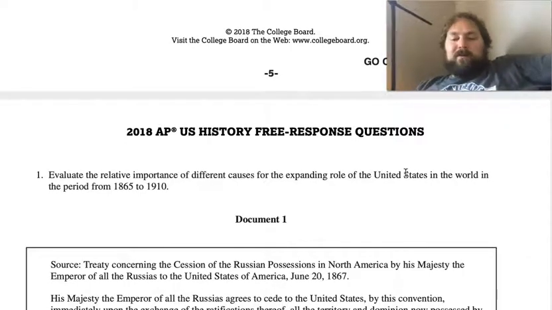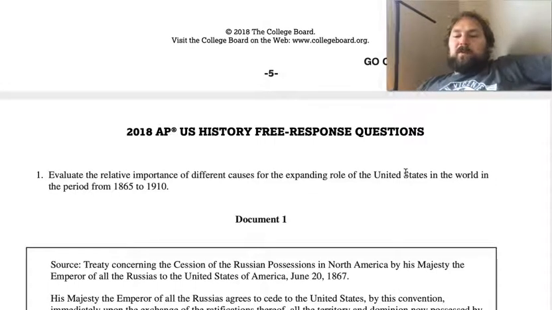But you can go different routes with this. So just go back to the Civil War and before then, the 1800s to 1865, and ask what is America's role in the world, and then bring it into the question.